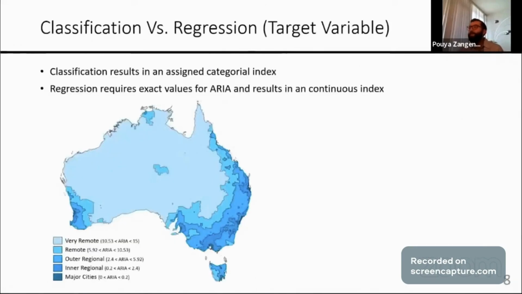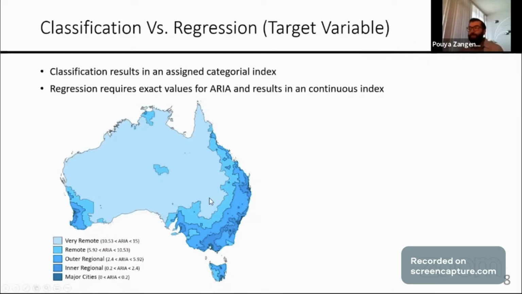The other aspect of the problem was that although ARIA was built as a continuous variable, what we had was a map of certain different regions, which only helped us solve this as a classification problem, whether we can classify certain points within Australia as any of these regions.